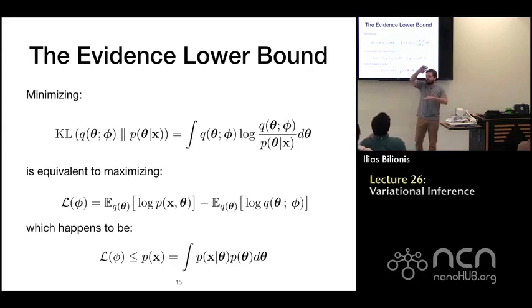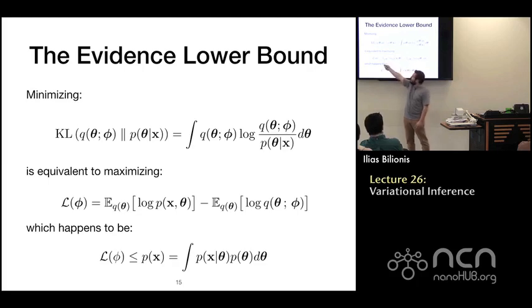So there is a maximum that you can get. You can't go beyond that. And that maximum is actually the evidence. That's why this quantity is called the evidence lower bound, or ELBO.